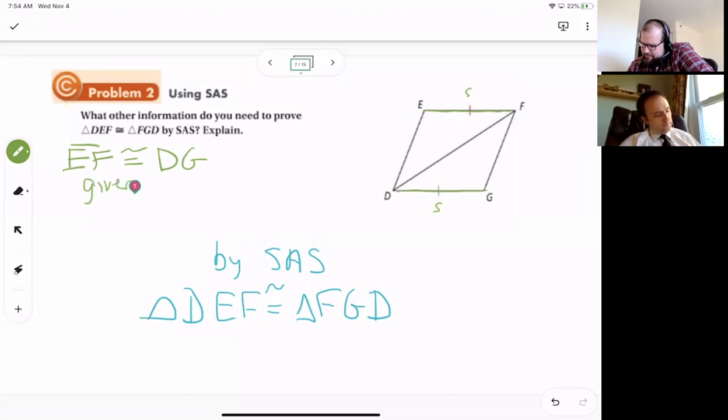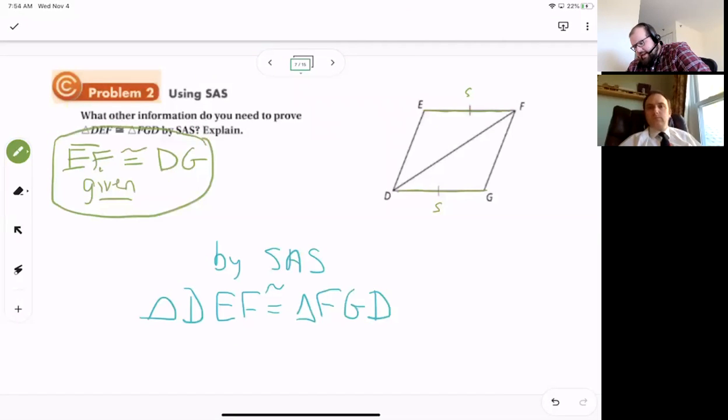I see that same thing I saw in the last example where we have this segment that's included in both triangles, that DF, and I'm going to write that down. I figured that might be useful. So DF is congruent to itself. I'm going to write that as DF or FD. I'm going to write that as FD because it helps with the letter stuff down below a little bit. And we said that was either by identity or by reflexive.